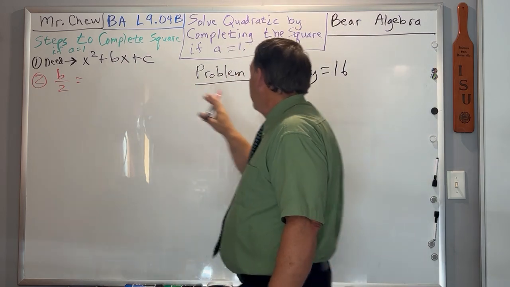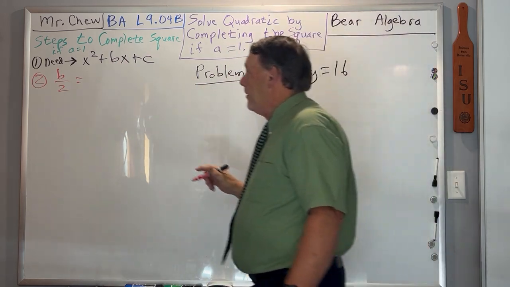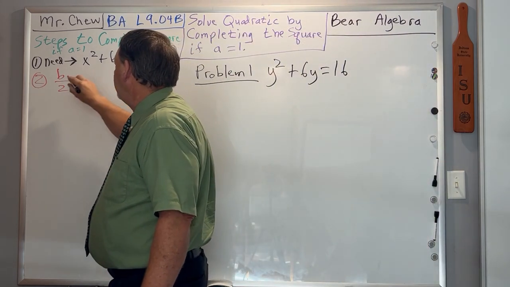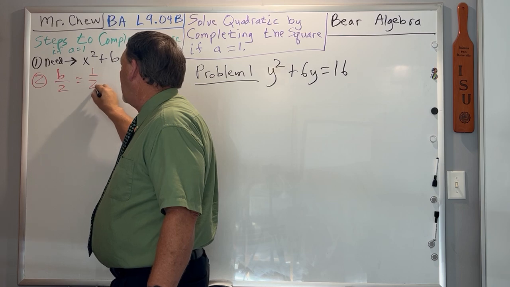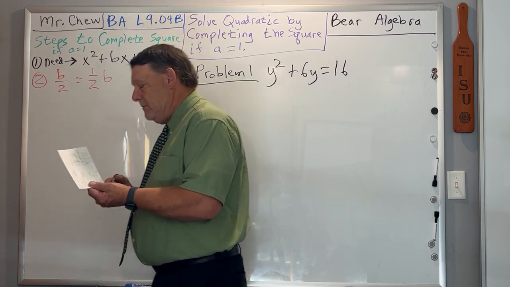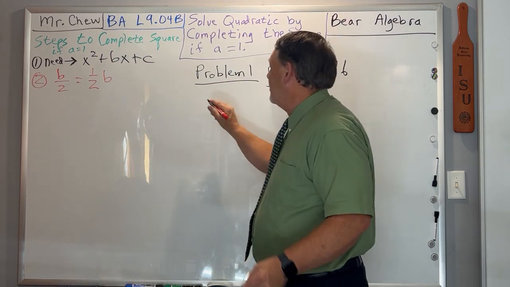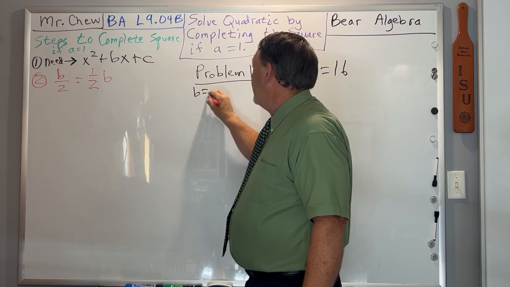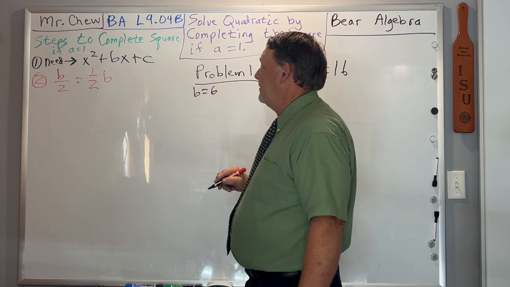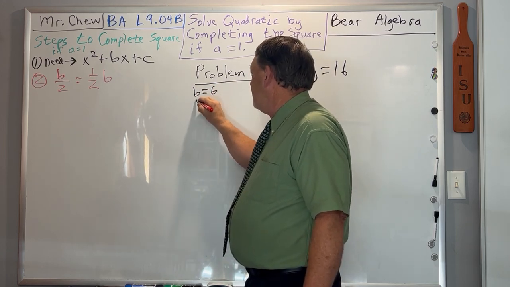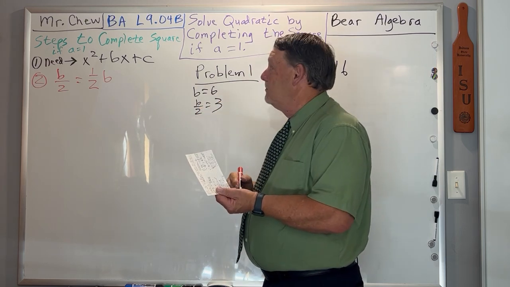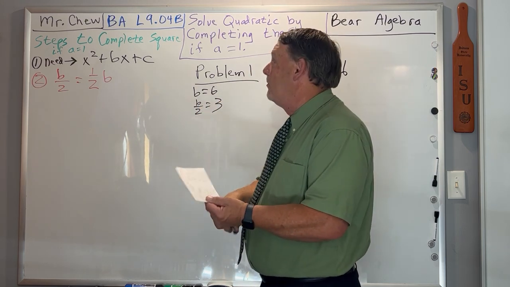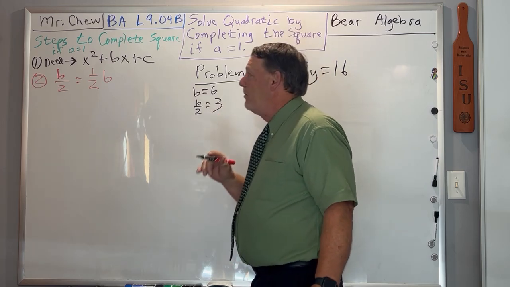That's the number in front of the y to the first power. So that ends up being b over 2, and that can also be written as 1/2 b. So I'm just going to write that b equals 6. b over 2 would equal 3.